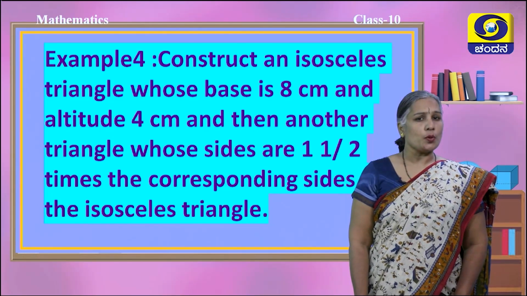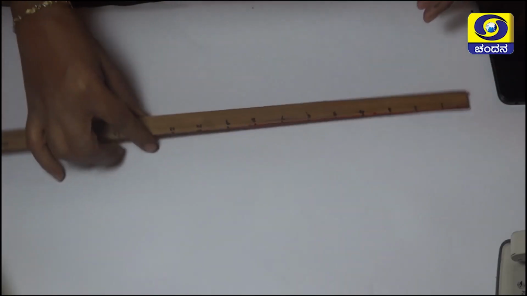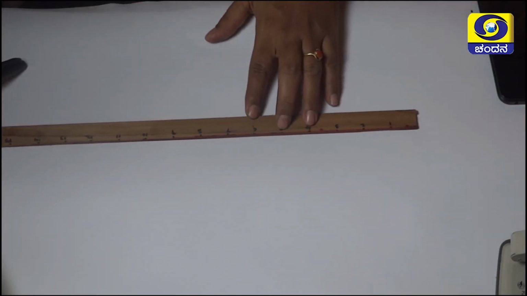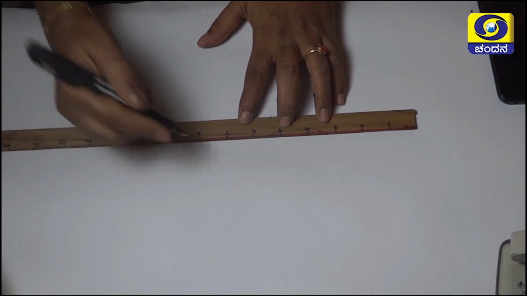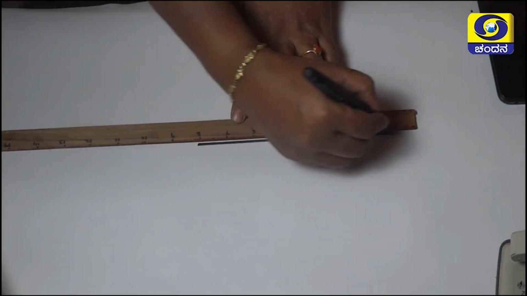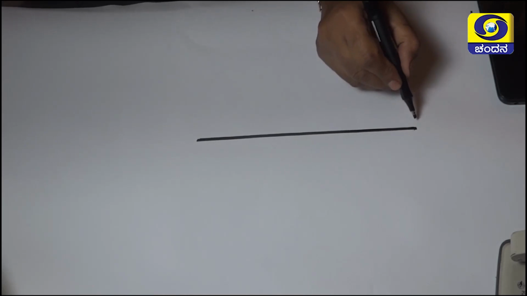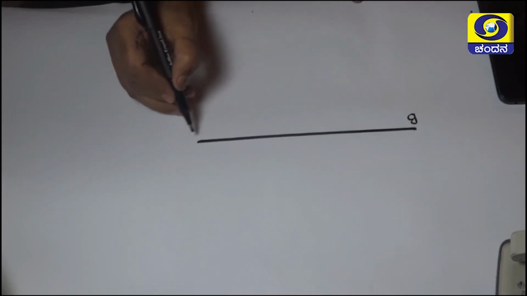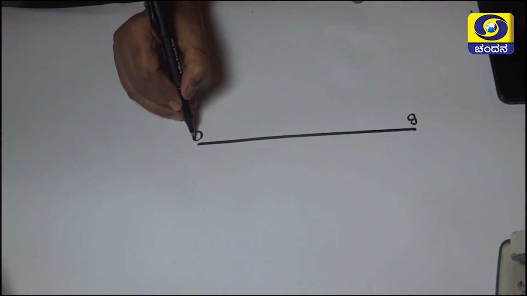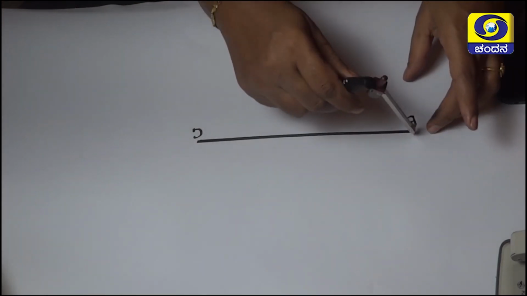Let us see how to do this. To make this construction, let us draw a baseline of 8 cm. Let us name it as BC. Draw a perpendicular bisector of this line segment BC.